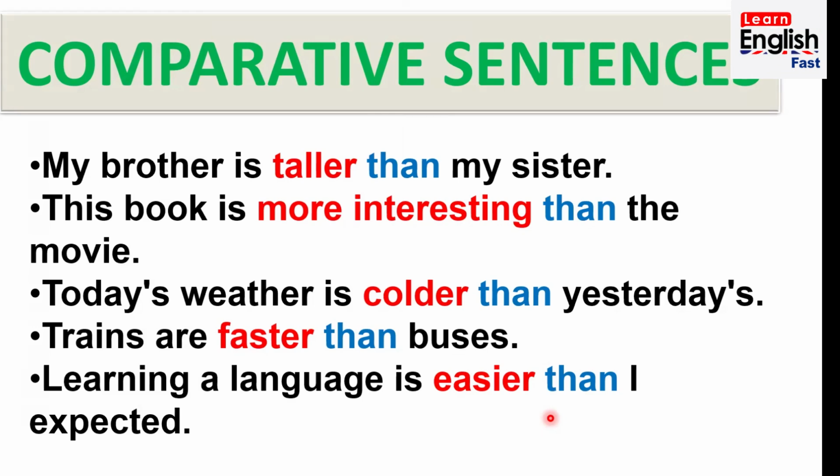Uri kumva, I'm comparing my brother and my sister. Iyo ugereranya abantu babiri, that's when you are going to use comparative. Twakoresheje taller, twongera ijambo than igihe turi kugereranya abantu babiri cyangwa se ibintu bibiri cyangwa ahantu habiri. My brother is taller than my sister.